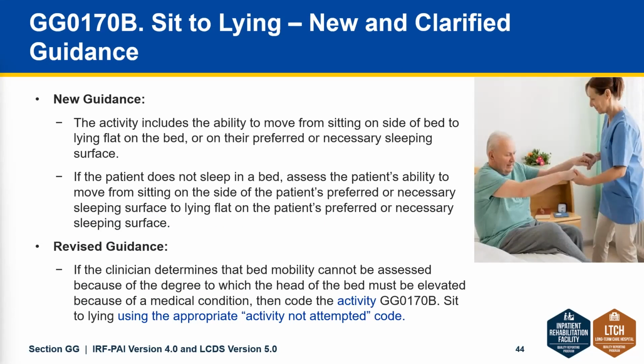GG0170B, sit to lying, looks at the patient's ability to move from sitting on the side of the bed to lying flat on the bed. This can be assessed from the patient's preferred or necessary sleeping surface. For example, if a patient does not sleep in a bed and prefers to sleep in their recliner, their ability to complete the activity from the recliner can still be assessed.